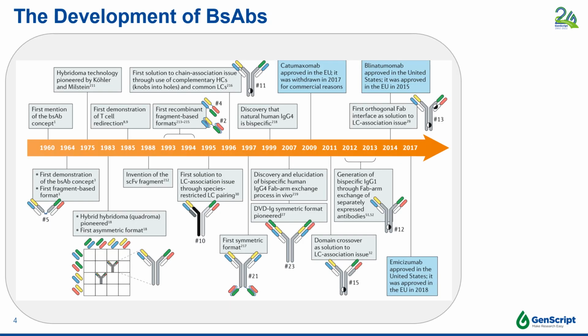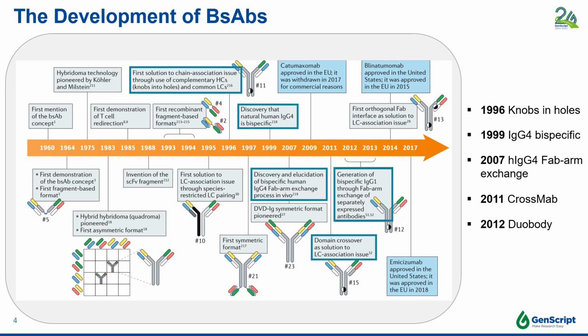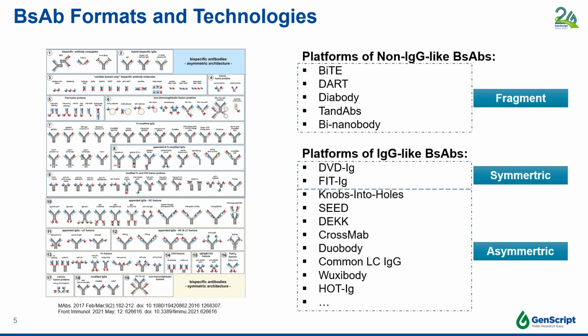That's why the development of BsAb was slow in the first 3 decades, until some important engineering strategies were investigated, such as knob-in-hole, cross-mab, dual-body. For now, there are over 100 different BsAb formats, which can be divided into two types, non-IgG-like and IgG-like, based on their structure with or without Fc region.